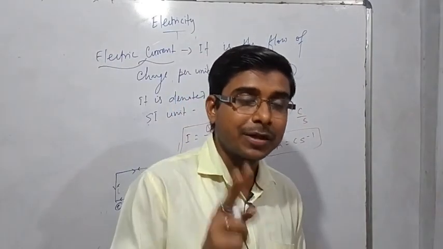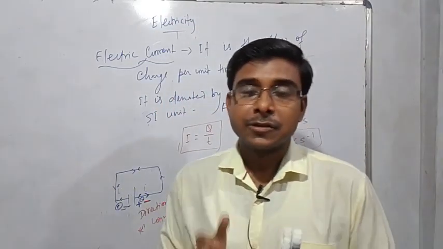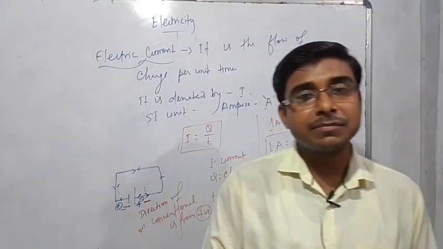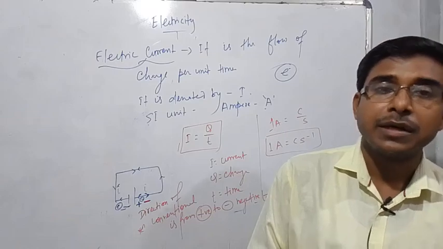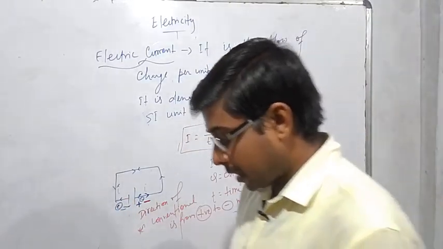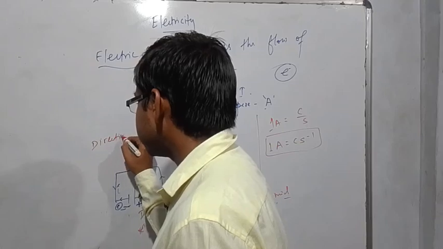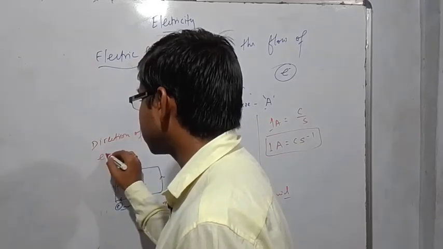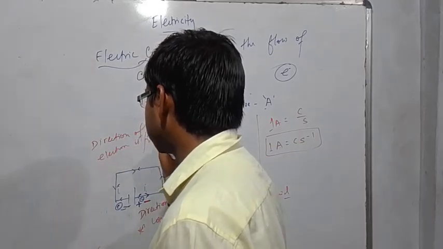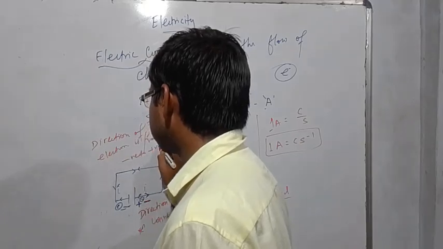Only two terminals exist, and one has more electrons than the other, so the part with more electrons transmits its electrons to the other part. That's it. So if anyone asks you the direction of electrons, it is from the negative terminal to the positive.